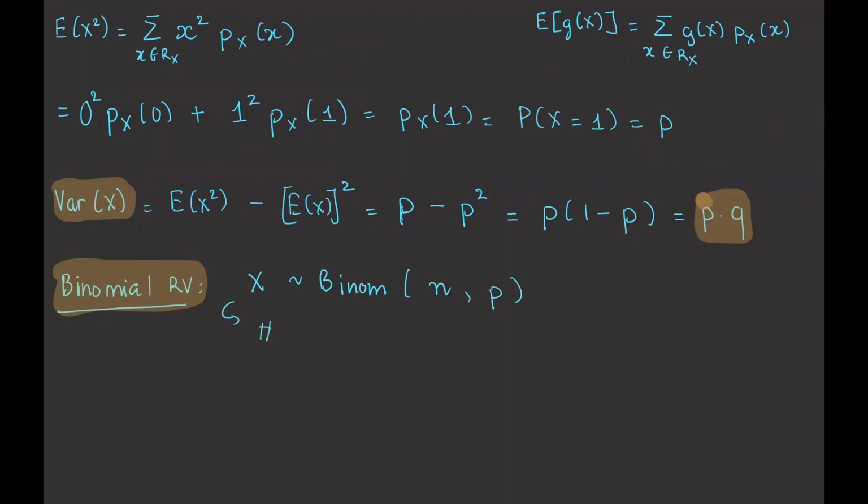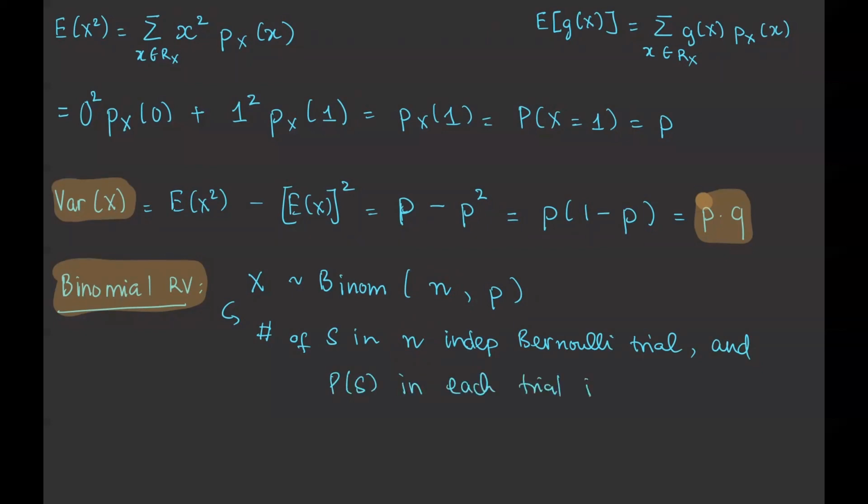I have x is the number of successes in independent Bernoulli trials. That's what parameter n stands for. It is the number of trials. And the probability of success in each trial is p. The probability of success stays the same for every trial. So that's what parameter p stands for.